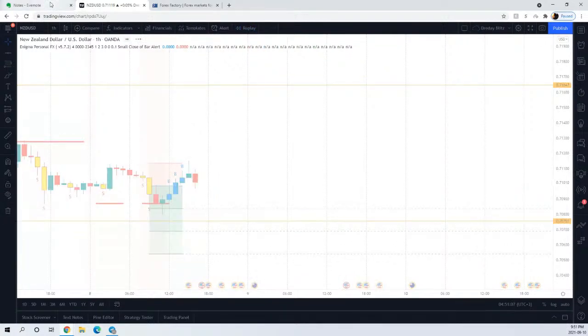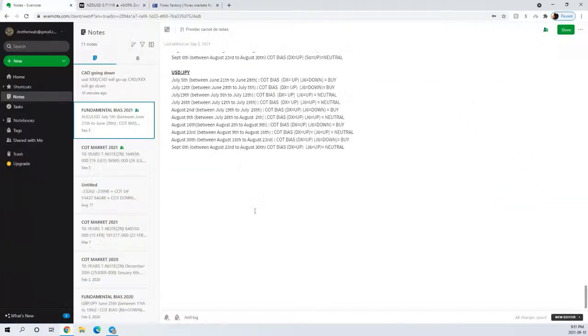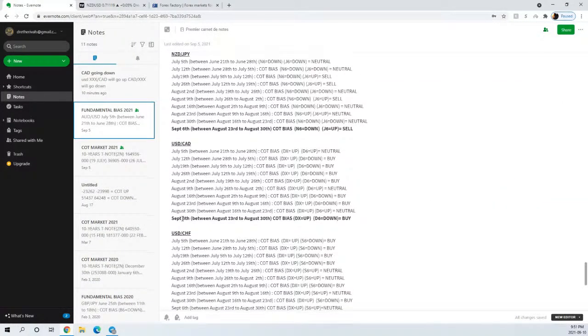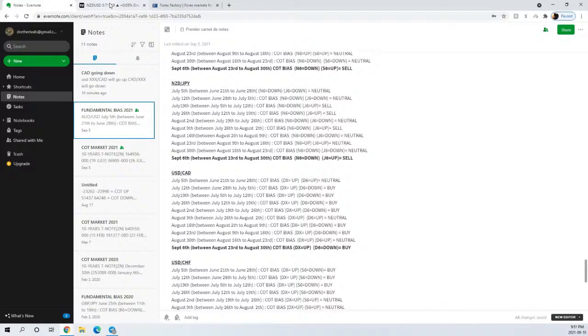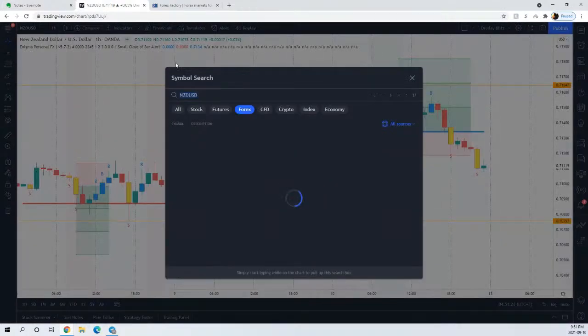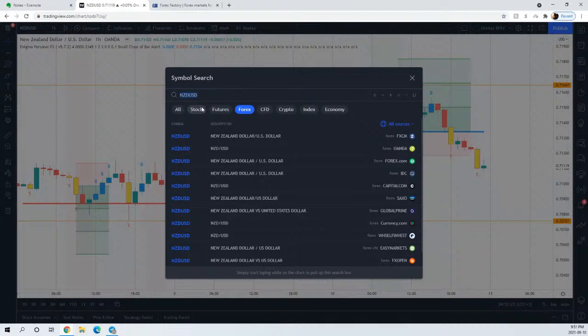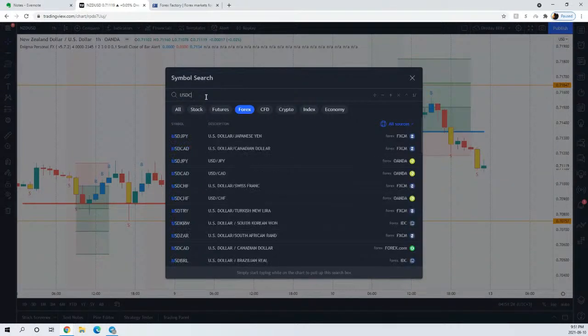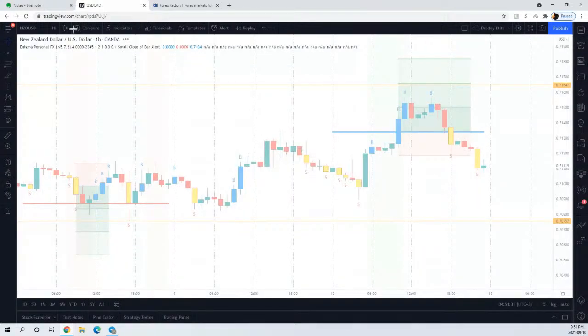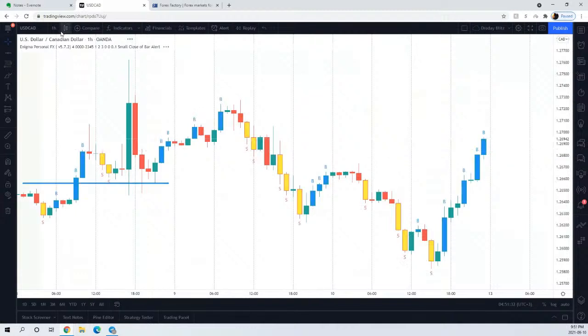Perfect. Let's do a last one. Last one will be USD CAD, and we already know what CAD did overall for the week. Most of the time, it was a downtrend. So USD CAD, and going to weekly.